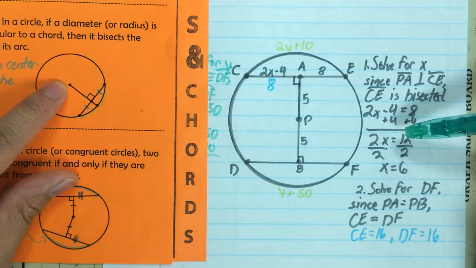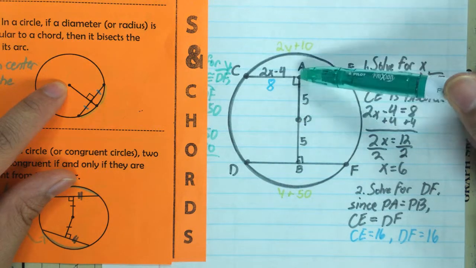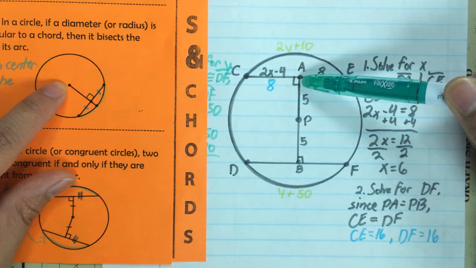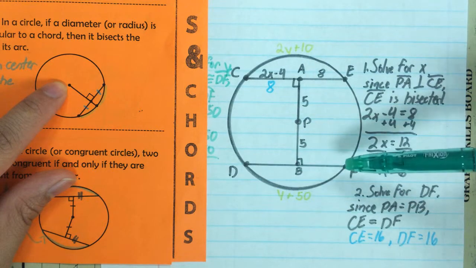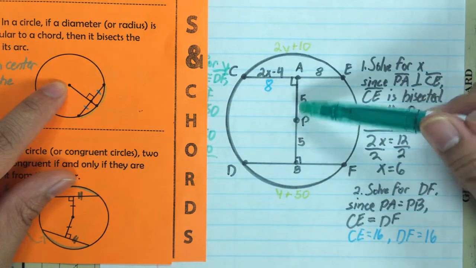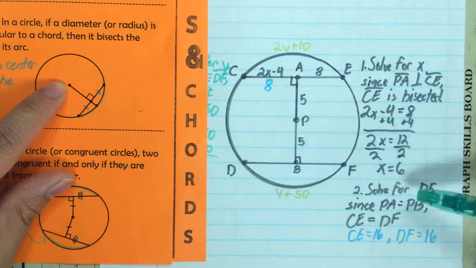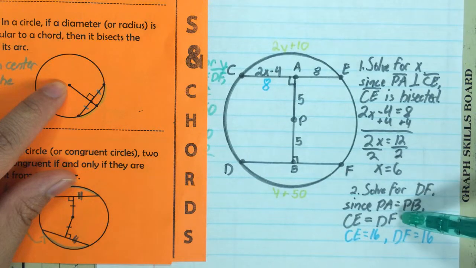Next, because your line from the center to the chord CE is equal to that line from the chord DE, or DF, sorry. So PA equals PB, from here to here is 5, here to here is also 5. That means both chords are the same, they're congruent, they're equal.